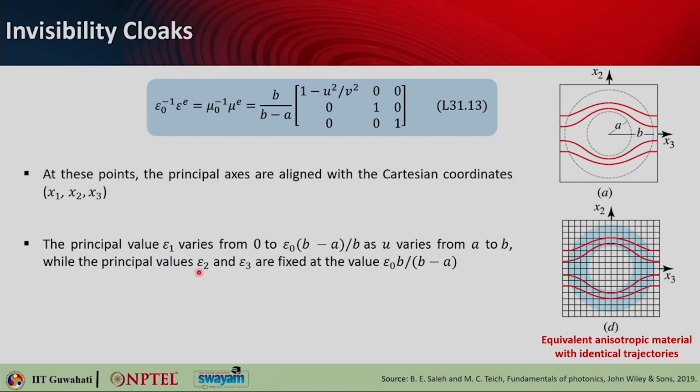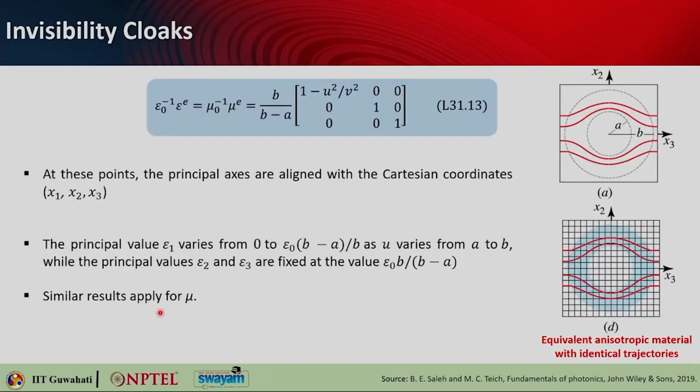However, you can see there is no variation in the others. So, epsilon 2 and epsilon 3 will be simply b over (b minus a) times epsilon naught. So, the values along the 2 and 3 directions will be the same, but along epsilon 1 it will change.